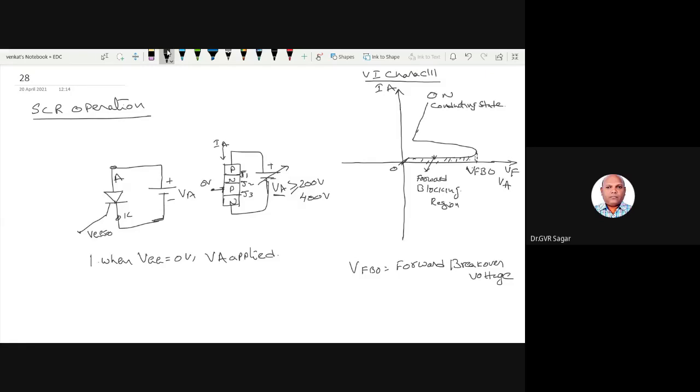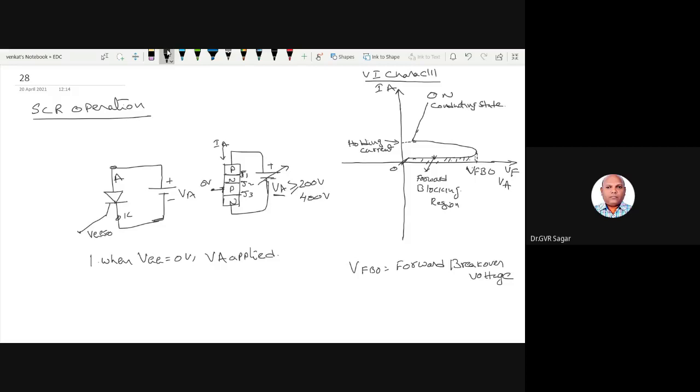At what point does this happen? This is called the holding current. This is the minimum current needed to hold the SCR on continuously.